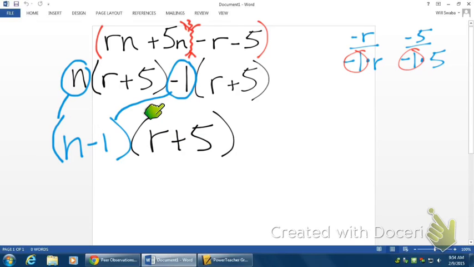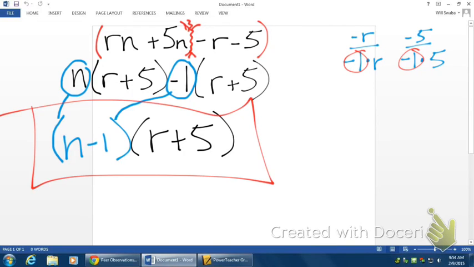Really, just written like that, just what we just did. You guys see that connection also? So this is all distributive property right here. The concept about grouping is going from the r plus 5 and the r plus 5, grouping those together, and then grouping together what's outside the parentheses, n and then minus 1. So your answer is this bottom part right there. Simple, right?